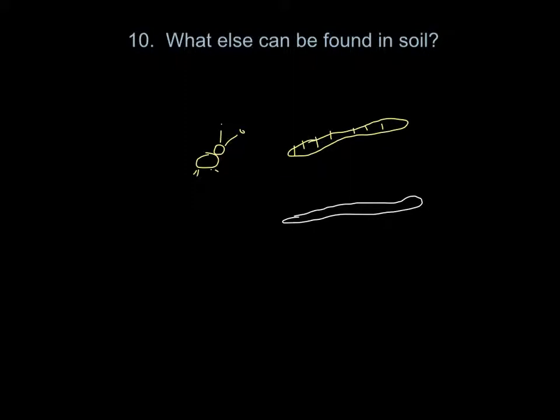You might find worms, you might find other bugs, that live in the soil, snakes, and these little critters are very important because they help us break down the soil and aerate the soil so that water can get in.